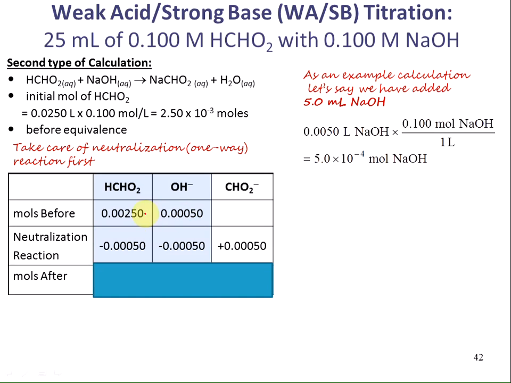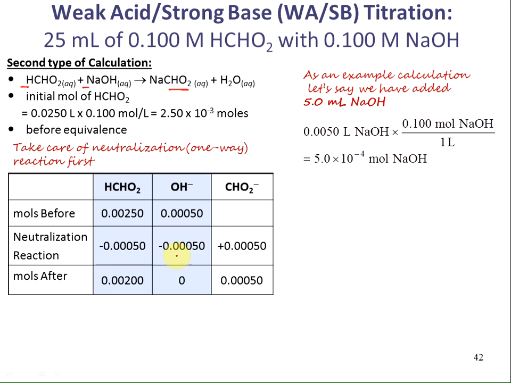So during the neutralization reaction, because it's a 1-to-1 mole ratio, I'm going to consume all the hydroxide because this is my limiting reagent. So I'm going to take that amount of hydroxide from the formic acid, and when you neutralize the formic acid with the hydroxide, you will produce the formate ion. So remember that CHO2 minus, that's a formate ion.